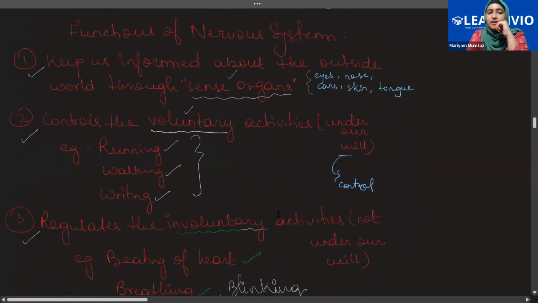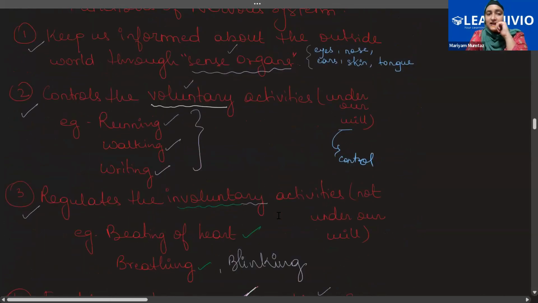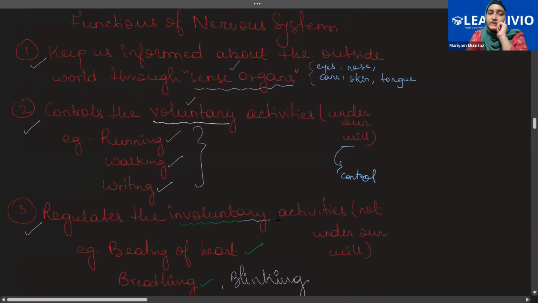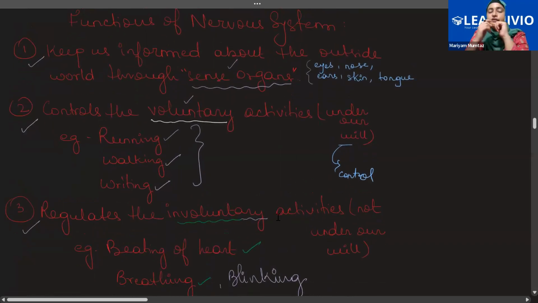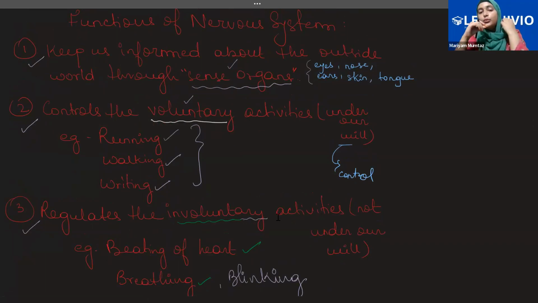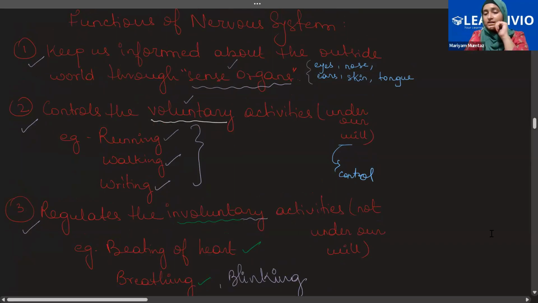Now talking about the functions of the nervous system. All in all, we must understand what our nervous system performs, or what its function is. The first thing is that we are aware of our surroundings or our environment. Why? Because of the presence of sense organs, which help us to sense the world around us.